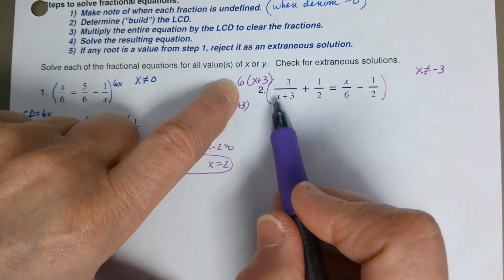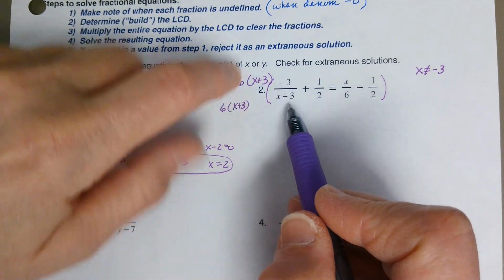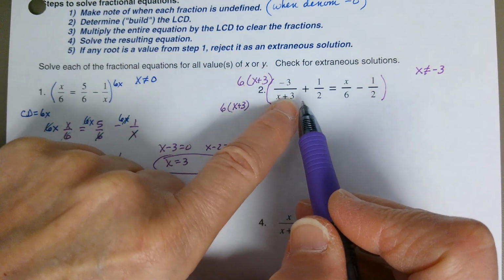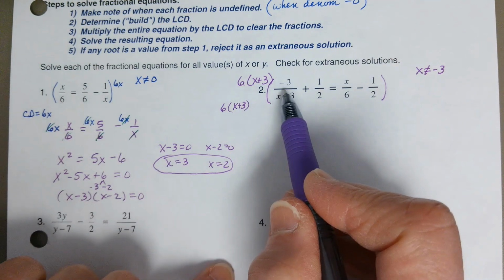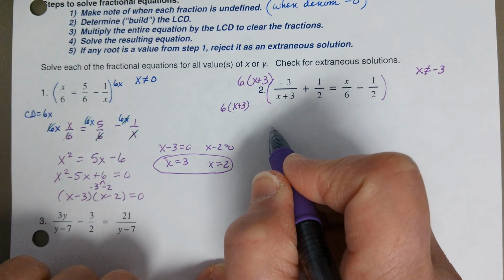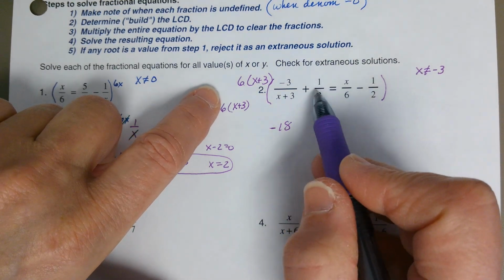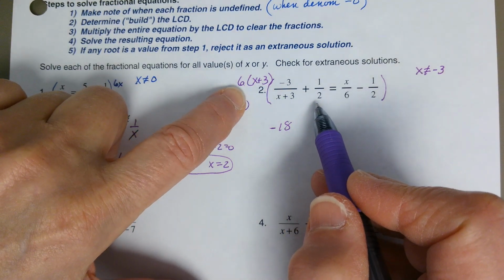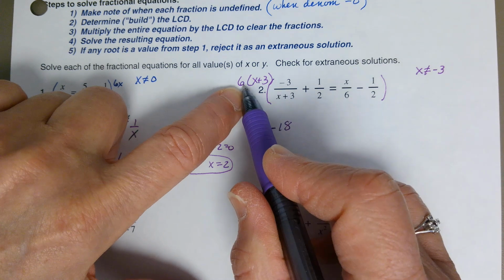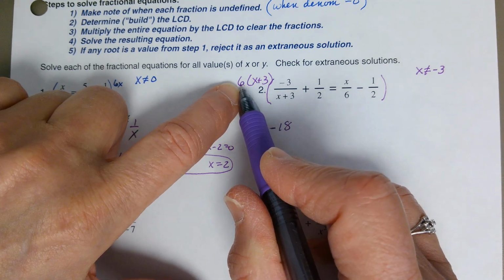If I take 6 times x plus 3 times this fraction, the x plus 3's divide out, and we'll be left with 6 times negative 3, which is negative 18. I'm taking 1/2 times 6 times x plus 3. Well, this 2 divides into 6, leaving us with a 3.